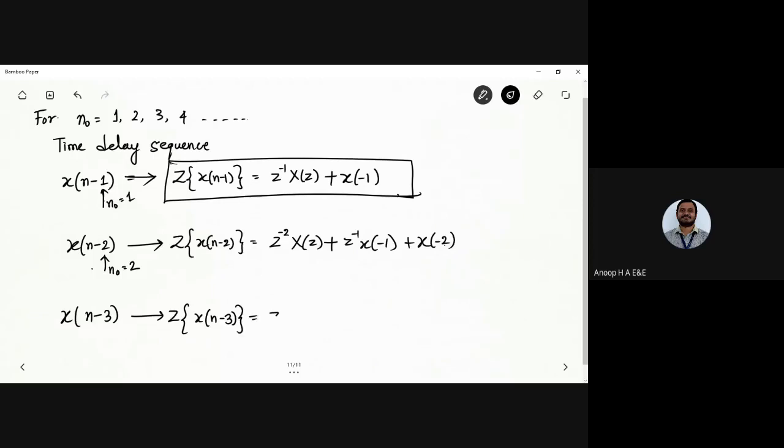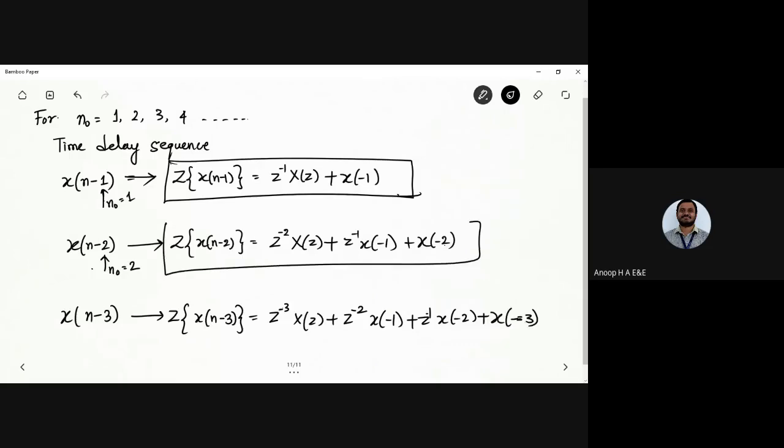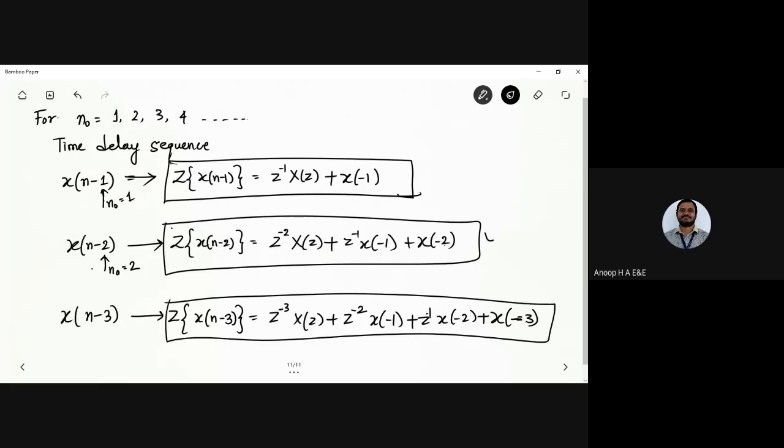That would be Z power minus 3 X of Z plus Z power minus 2 x of minus 1 plus Z inverse x of minus 2 plus x of minus 3. So I'll have this sequence over here, which is for n naught equal to 3.